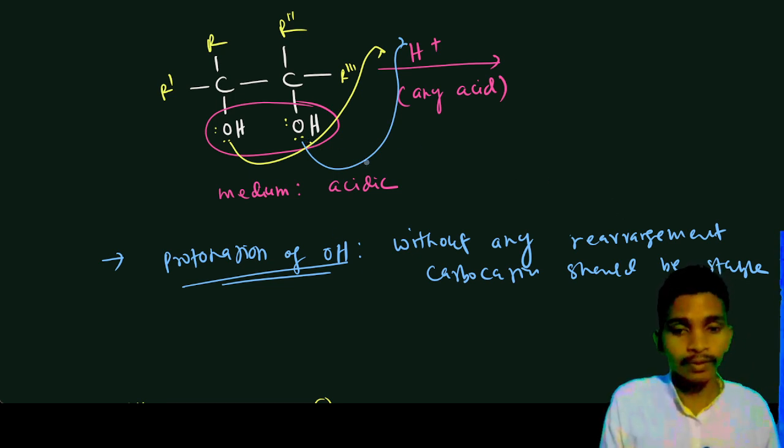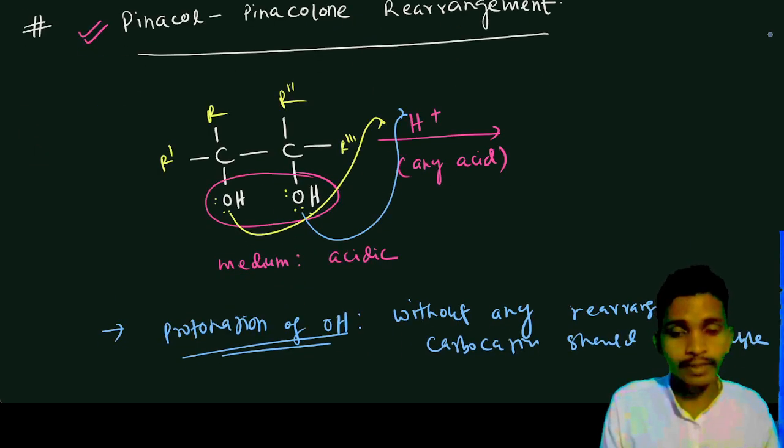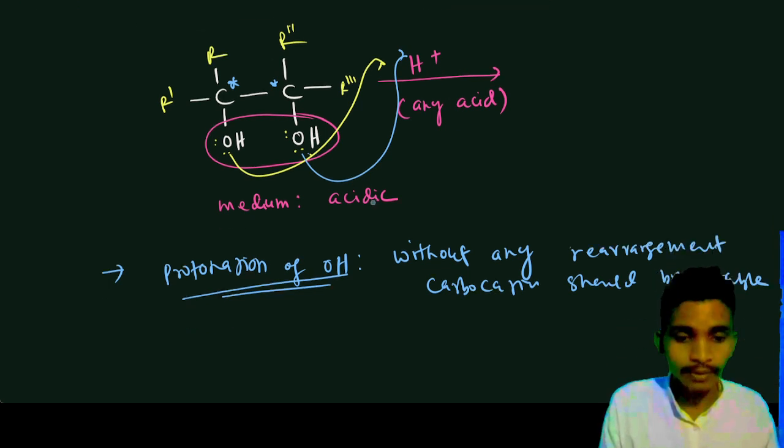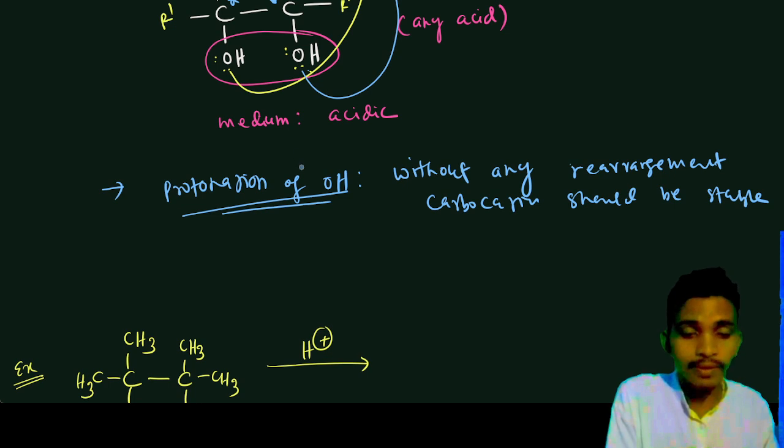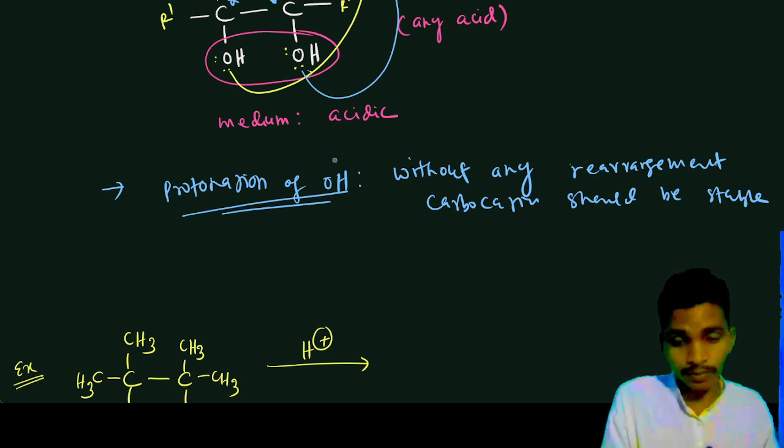So what we have to remember for this kind of pinacol rearrangement is that at two adjacent carbon centers, two OH groups will be there and the medium should be acidic. Which OH will do the protonation? It means that the OH that gives a stable carbocation without any rearrangement will do the protonation.